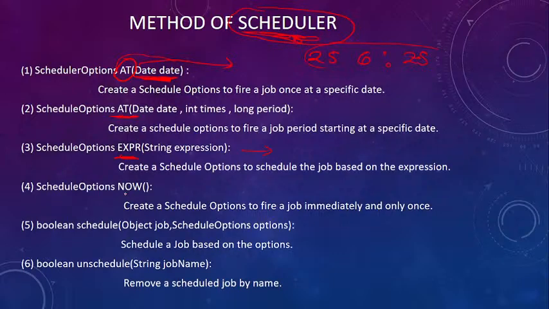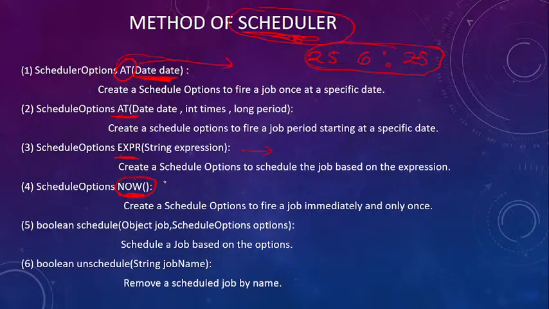After that, here we have now. That means now you have scheduled your object on this date, but is it executing? If you want to check whether it's executing now or not, then you can simply execute this scheduler now.